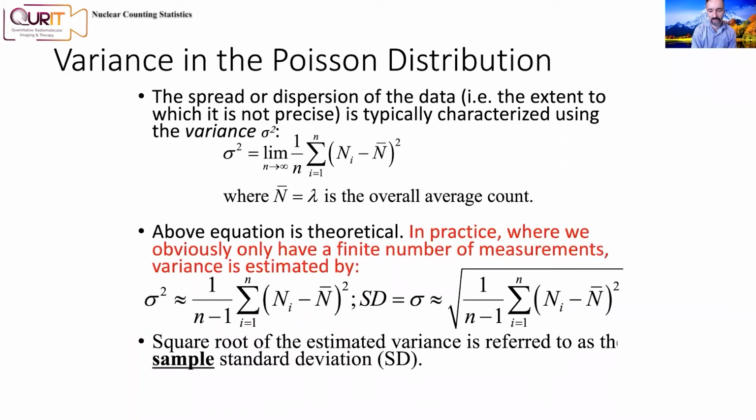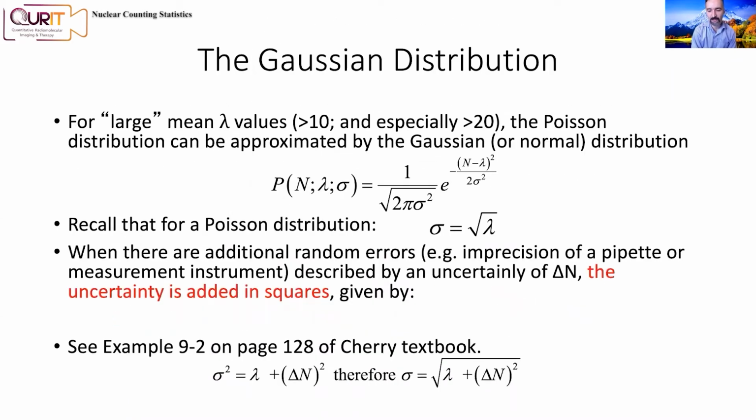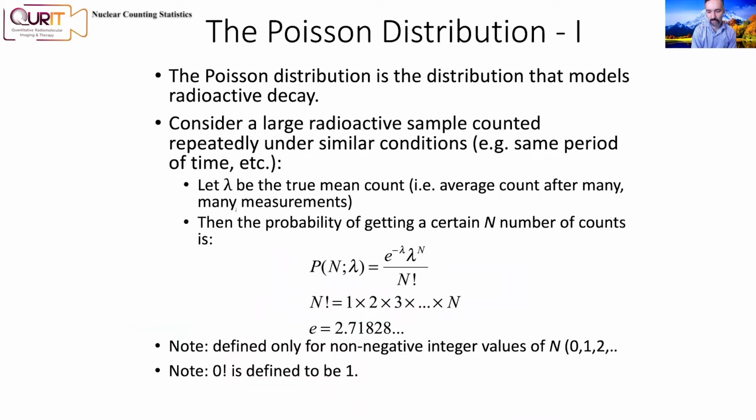Let me go back to the notes. I think that might create some confusion here. The lambda that we use in the Poisson formula is not the same as the lambda we were talking about as the law of decay before. It looks similar, but it's not the same lambda.